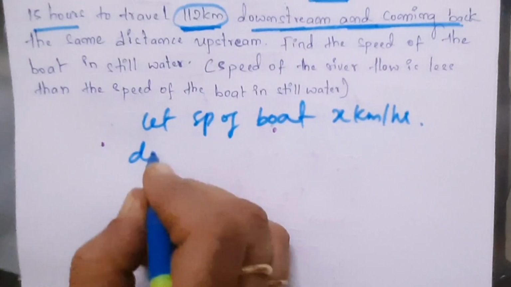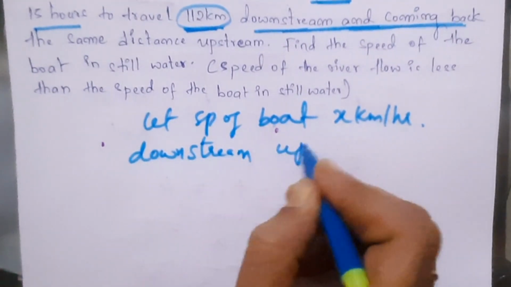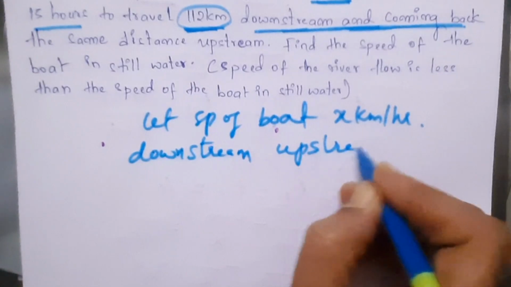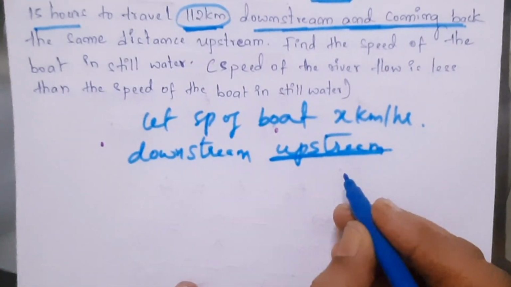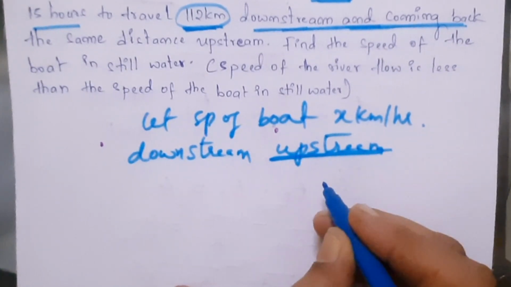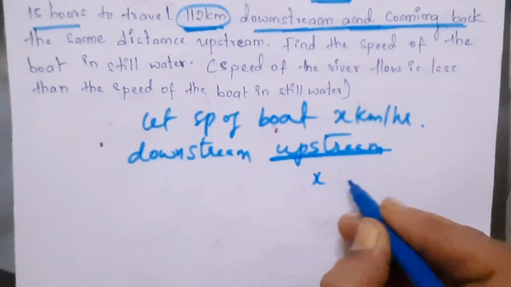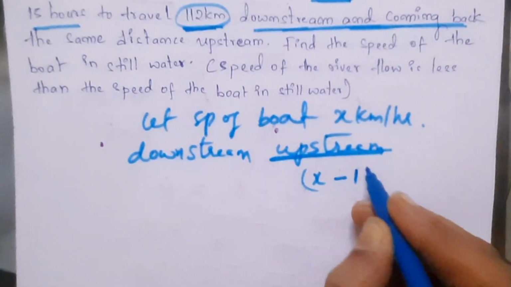Here two conditions are there. One is downstream and the other is upstream. When upstream, the river is flowing against the boat, so the speed of the boat gets decreased. We consider speed of boat minus speed of water, that is river flow.